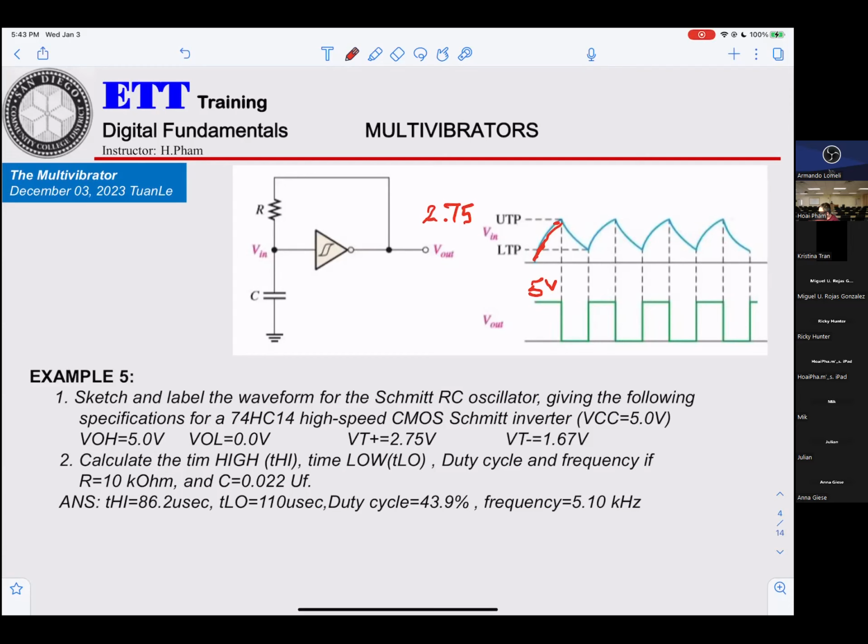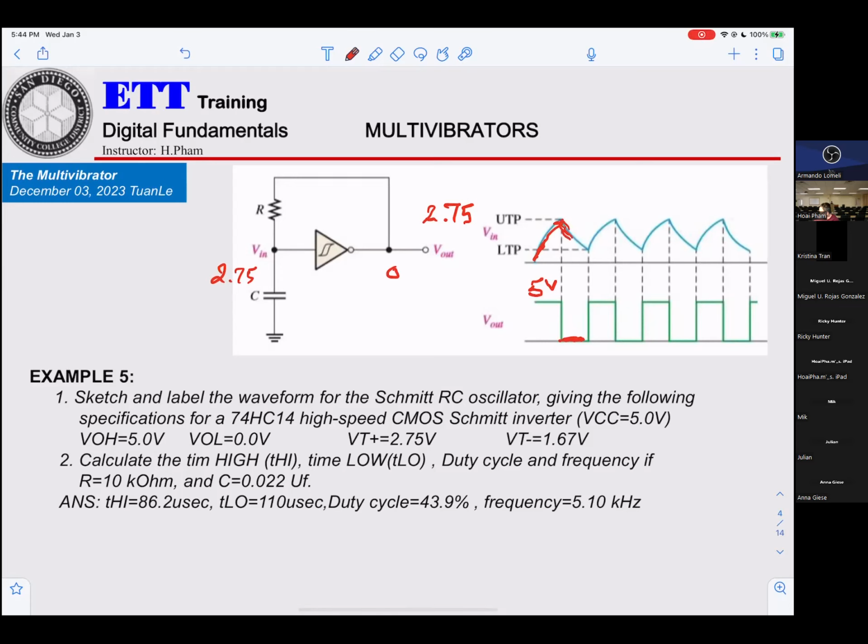They're telling you, if you get 2.75 here, that means the logic 1 output will be logic 0. So that's why you see that they go to 0. When they go to 0, the capacitor will be discharged.